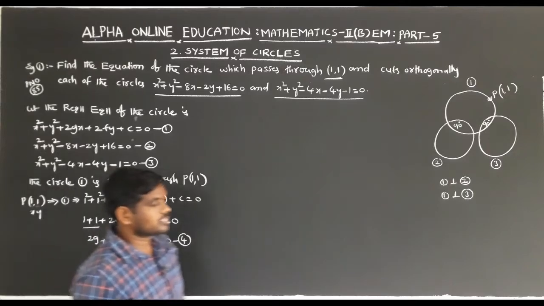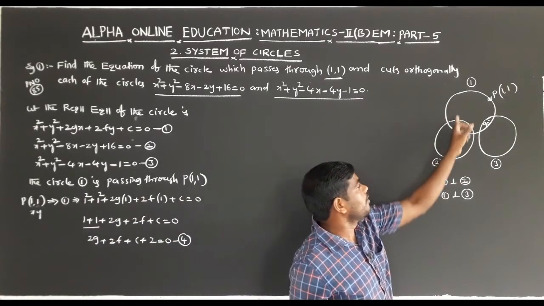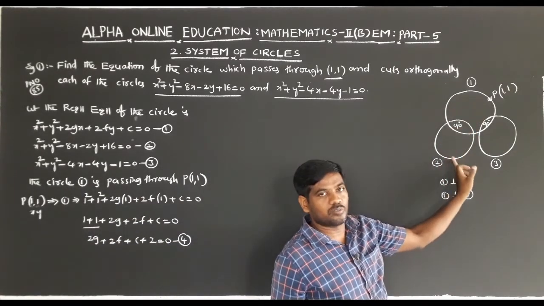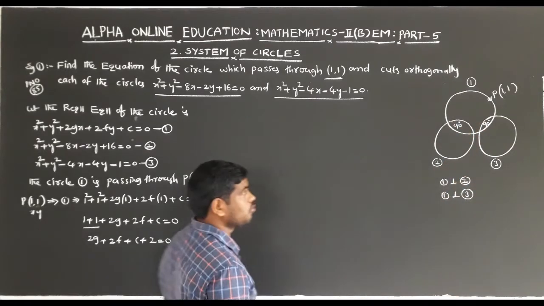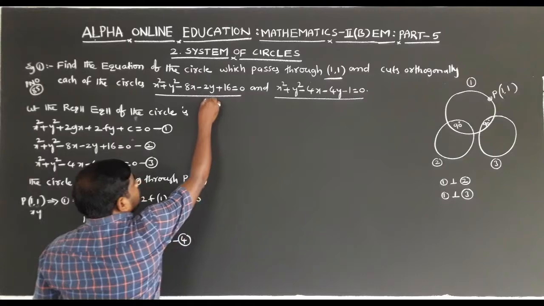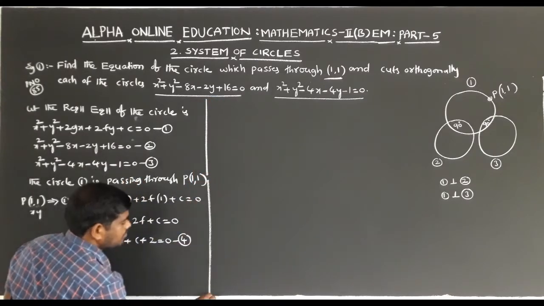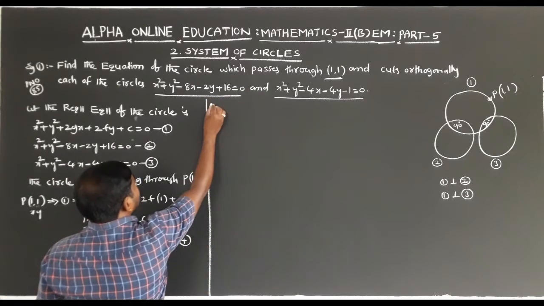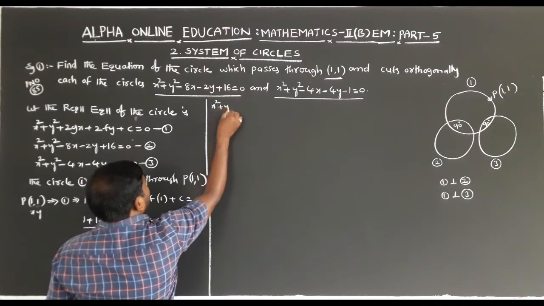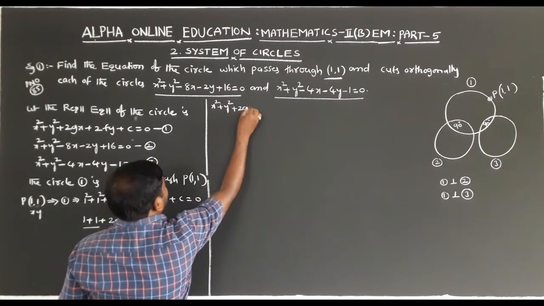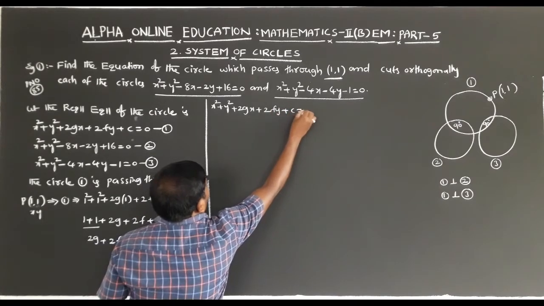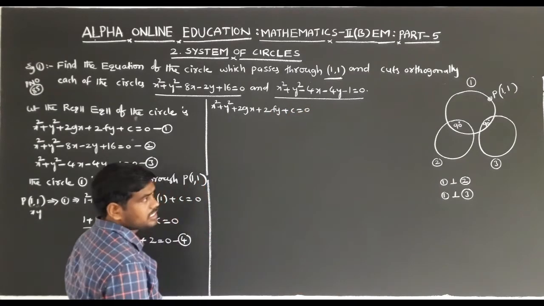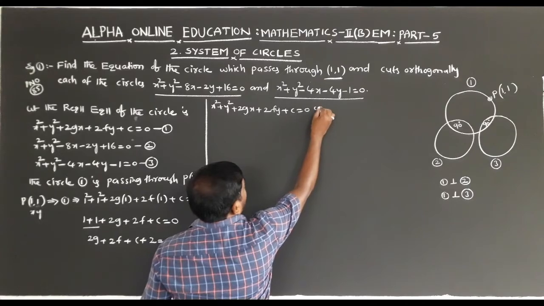Again, circles 1 and 2 cut orthogonally. The first circle is x square plus y square plus 2gx plus 2fy plus c is equal to 0.